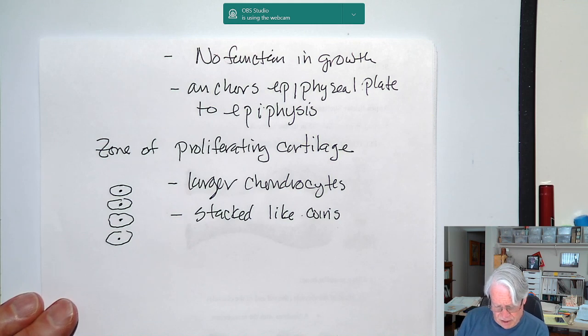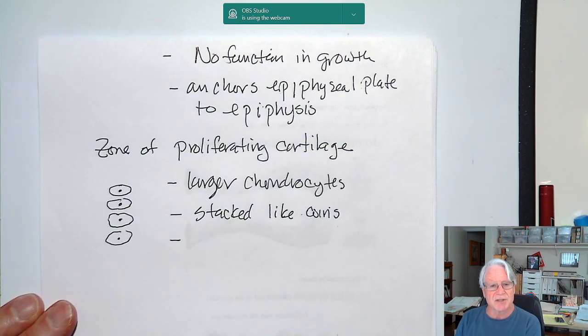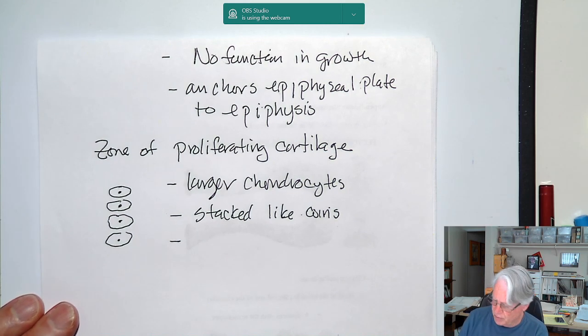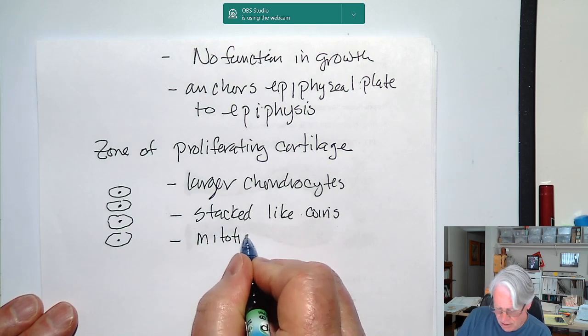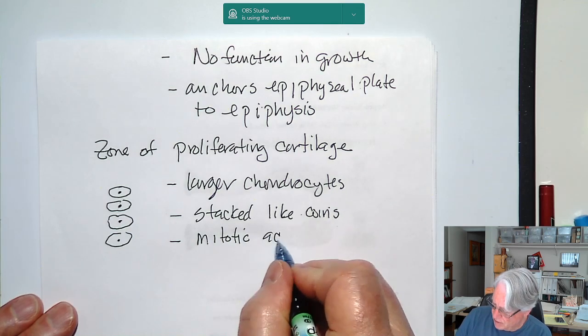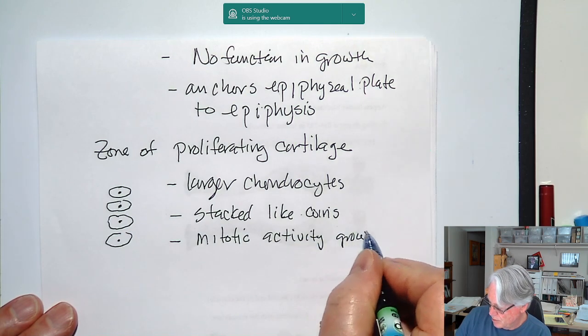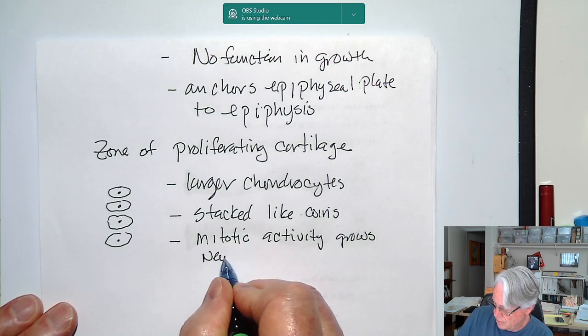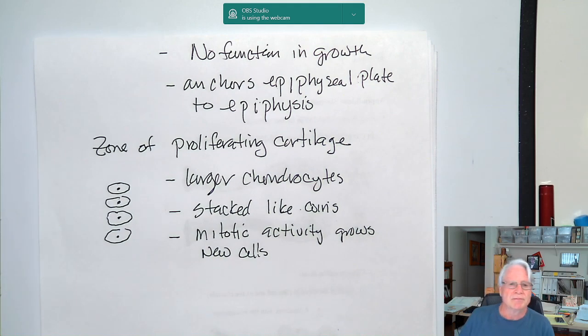All right. And so obviously, if we've got a lot of cells stacked, we have to grow those cells, and that's going to be through mitotic division. So mitotic activity grows new cells, and that's how they become stacked on one another. Okay?